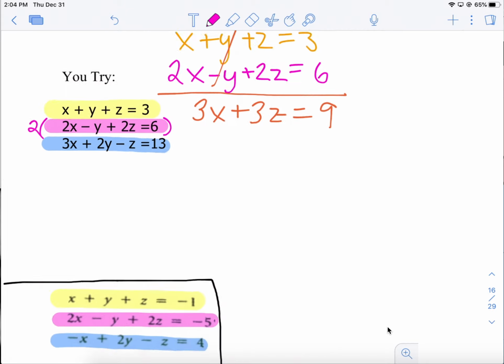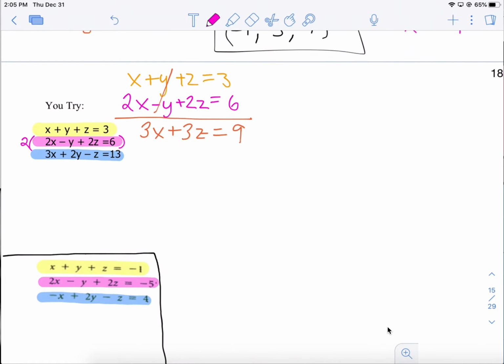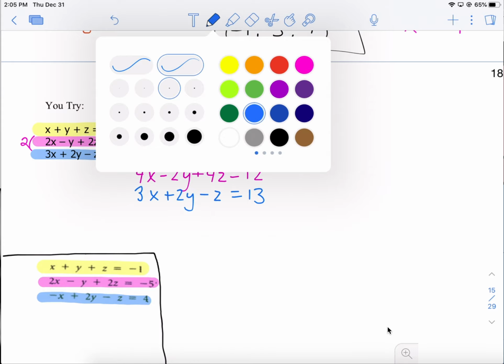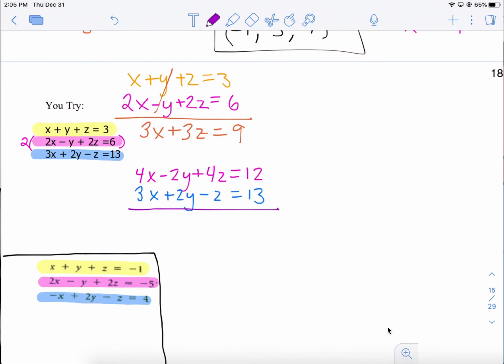Okay, so I'm going to multiply by a regular 2 this time, and we're going to do 4x minus 2y plus 4z equals 12. The blue equation is going to stay exactly the same. So 3x plus 2y minus just 1z equals 13. And I'm going to change to purple because if I put those together and the y's cancel, pink and blue makes purple. So 4x and 3x makes 7x's.